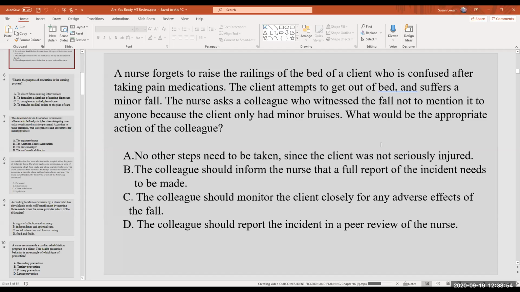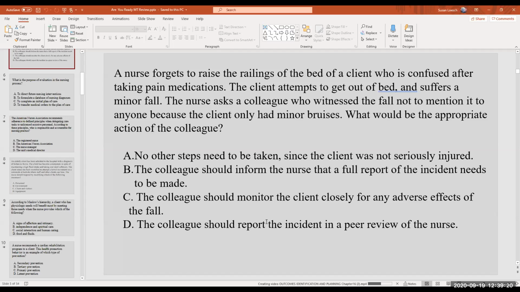A, no other steps need to be taken because the client was not seriously injured. B, the colleague should inform the nurse that a full report of the incident needs to be made. Yes, B. C, the colleague should monitor the client closely for adverse effects of the fall. And D, the colleague should report the incident in a peer review of the nurse.